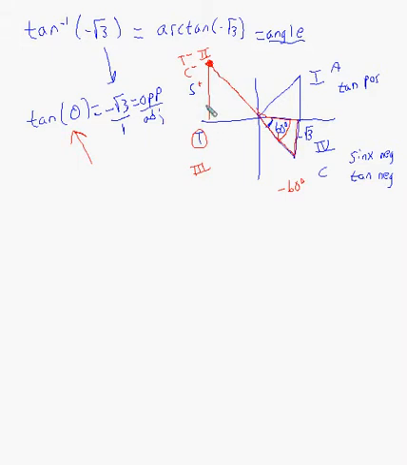So if I was doing the full explanation, I would label this side square root of 3 and this side negative 1, because if I was to label this point, I would have a negative x value and a positive y value. But either way, the tangent comes out negative radical 3, right? The opposite side would be square root of 3, the adjacent would be negative 1, and that is the same thing as negative square root of 3. I didn't really need to do any of that to answer this question. It's just good information, because I've already done the hard work to find out this reference angle here.